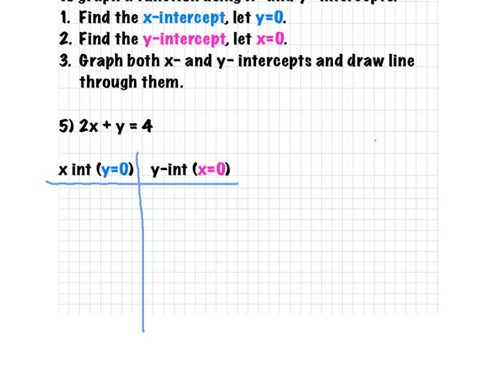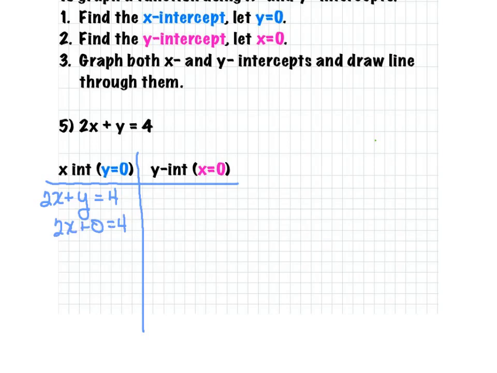Okay? All right, first thing we're going to do is determine what the x-intercept is. So I'm going to copy down my equation. 2x plus y is equal to 4. So to find the x-intercept, I have to replace y in the equation with a 0. So let's do that. 2x plus 0 equals 4.